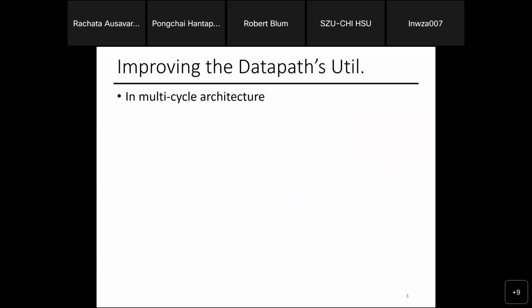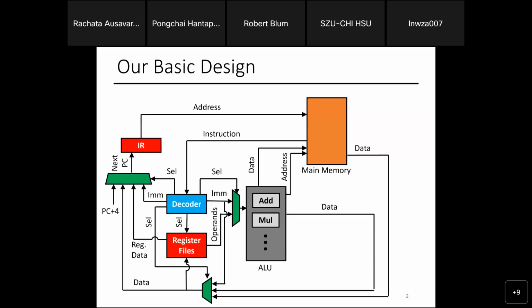In the multi-cycle architecture, I said that you can use multiple cycles to add or to multiply, right? So that way you can clock faster. And while you're clocking, if the add finishes first, it's okay. Without multi-cycle architecture, this whole thing determines your critical path because you need to finish the whole thing.